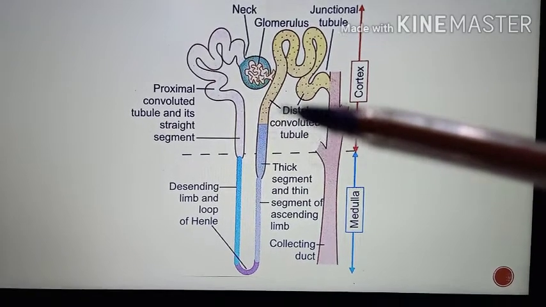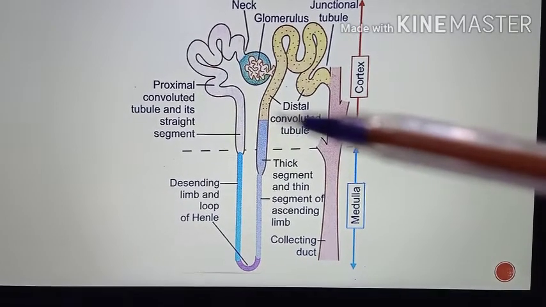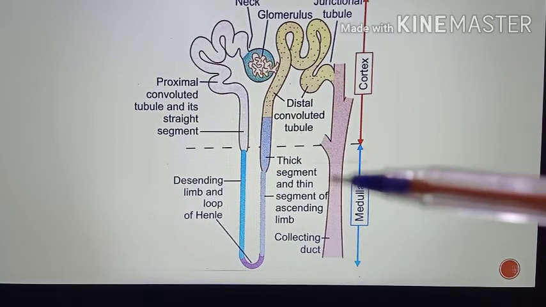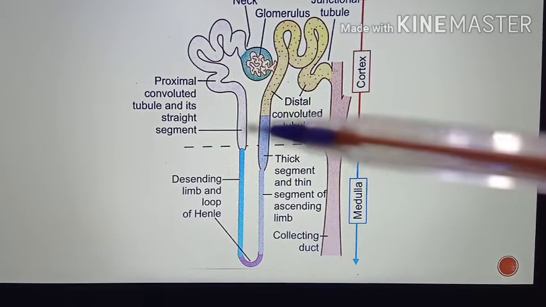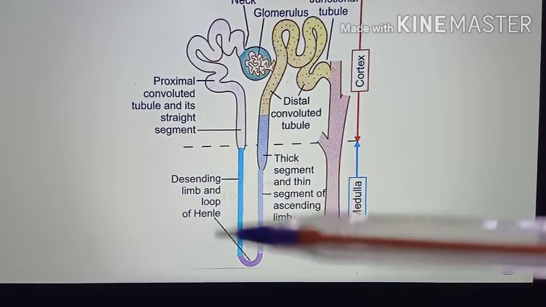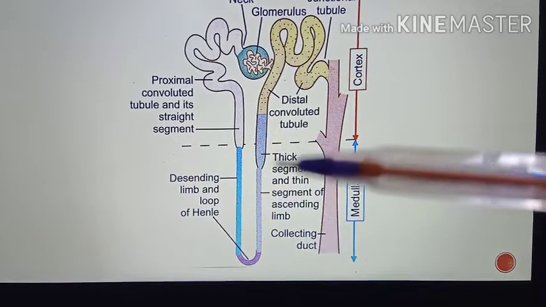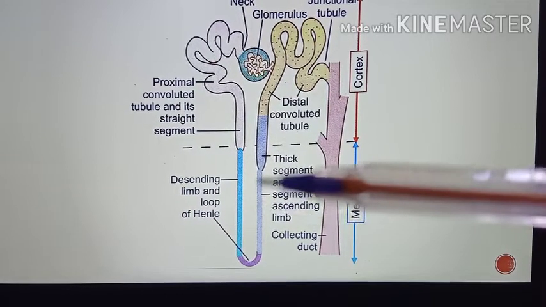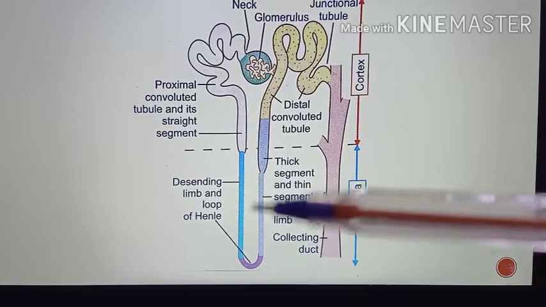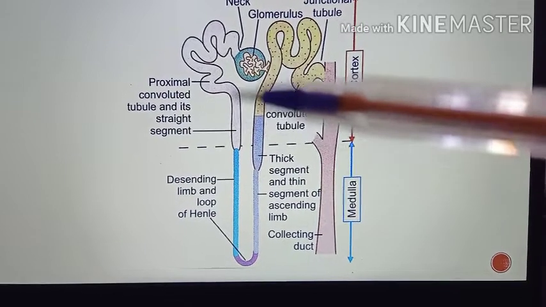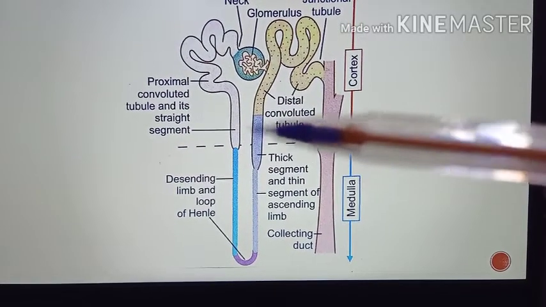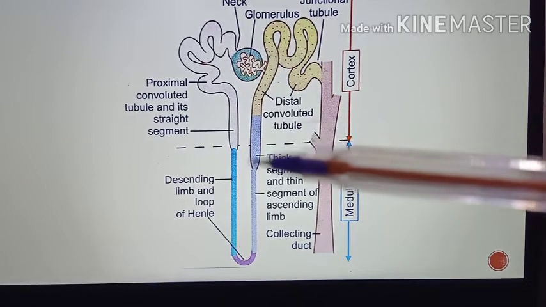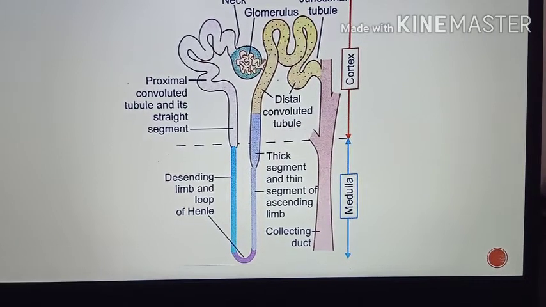Each limb is having thin as well as thick segments. The thin part of the descending limb, then the loop, then the thin part of the ascending limb constitutes the thin segment. And the thick part of the descending limb, then the thick part of the ascending limb, are called the thick segments.